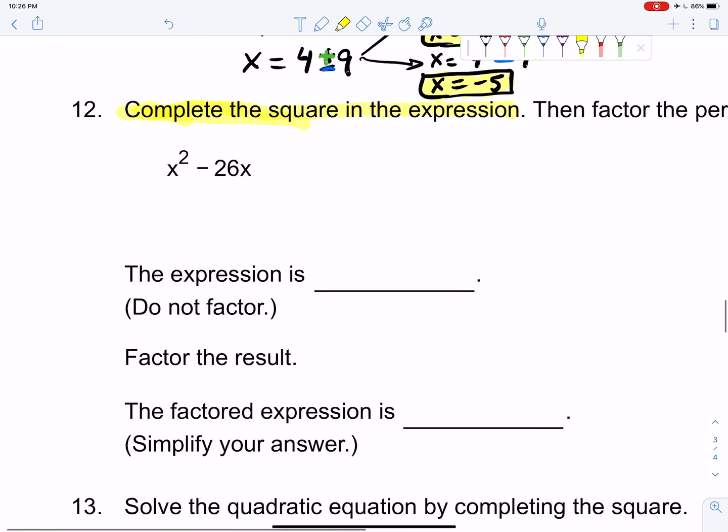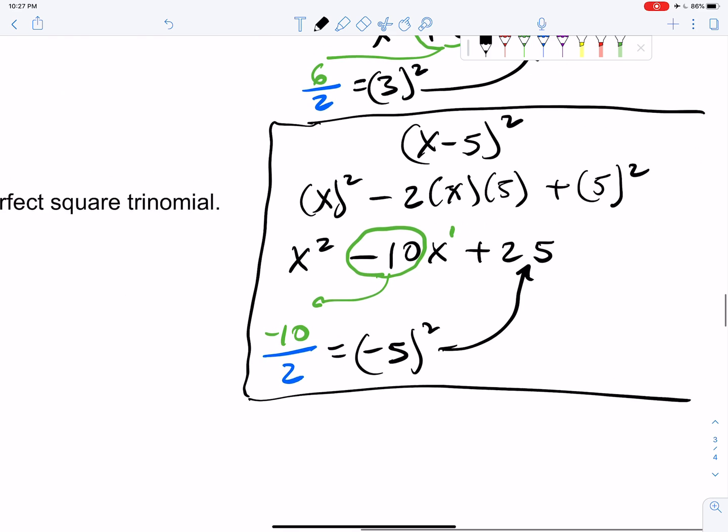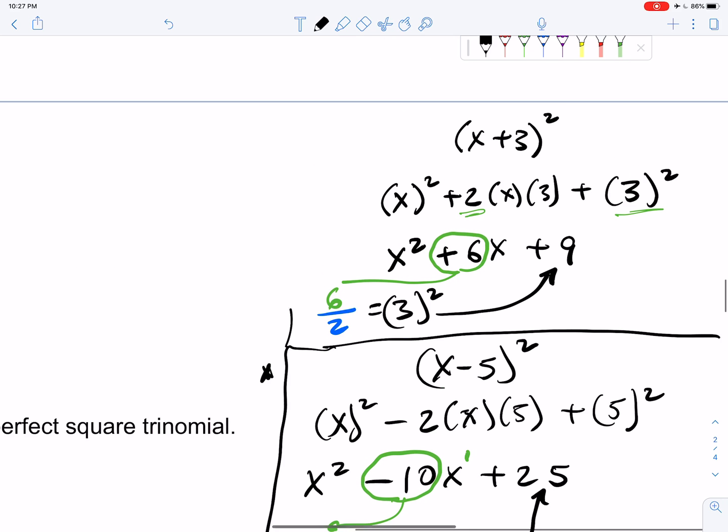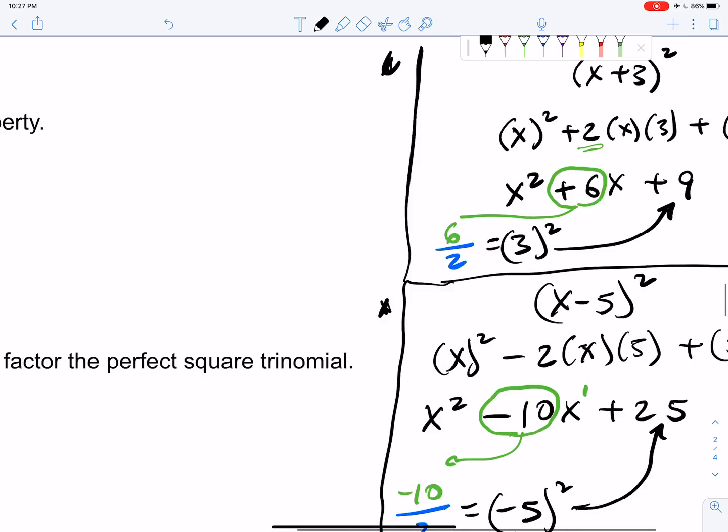Okay, well, the question is here, when we're completing the square, we do not know what number goes there to make a perfect square. Oh, wait a minute. Yes, we do. Because of what happened on this little box that I showed, we take the coefficient of that linear term in the middle, cut it in half, and then square it.